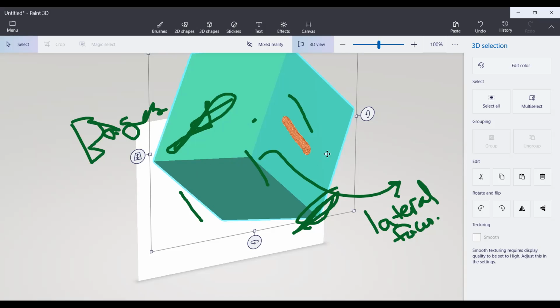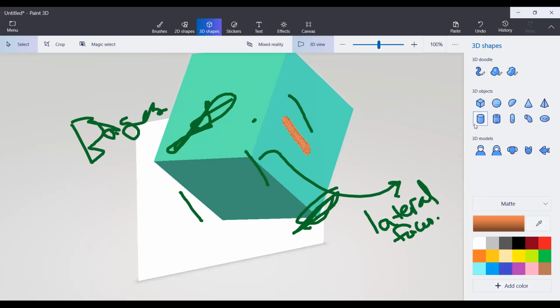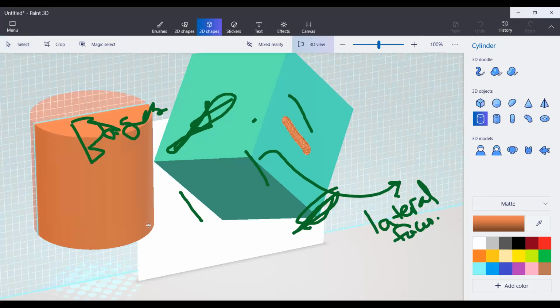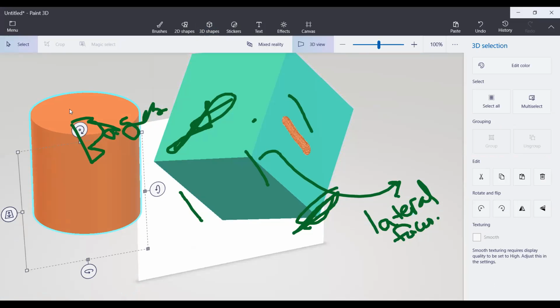But if the shape is not a polygon, if the shape is a circle, like this one here, we will call it a cylinder. So look at the cylinder and the prism, they are the same.